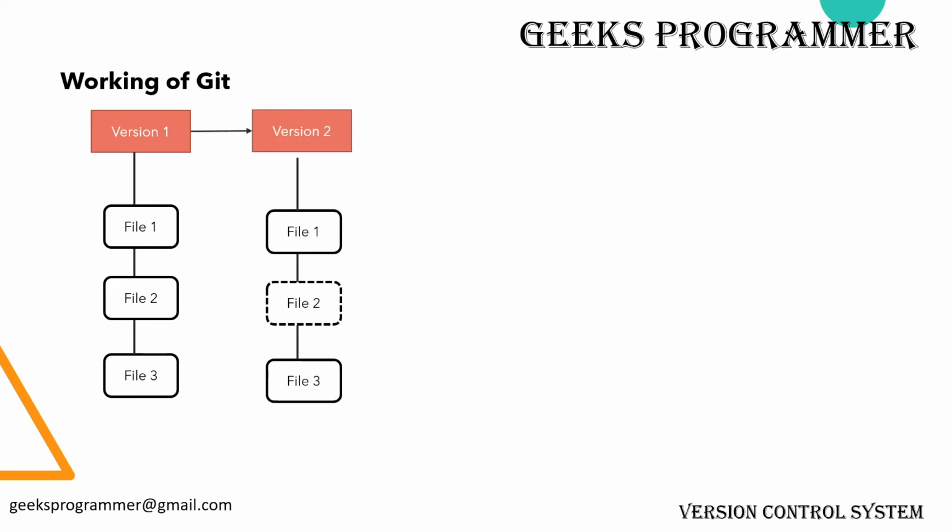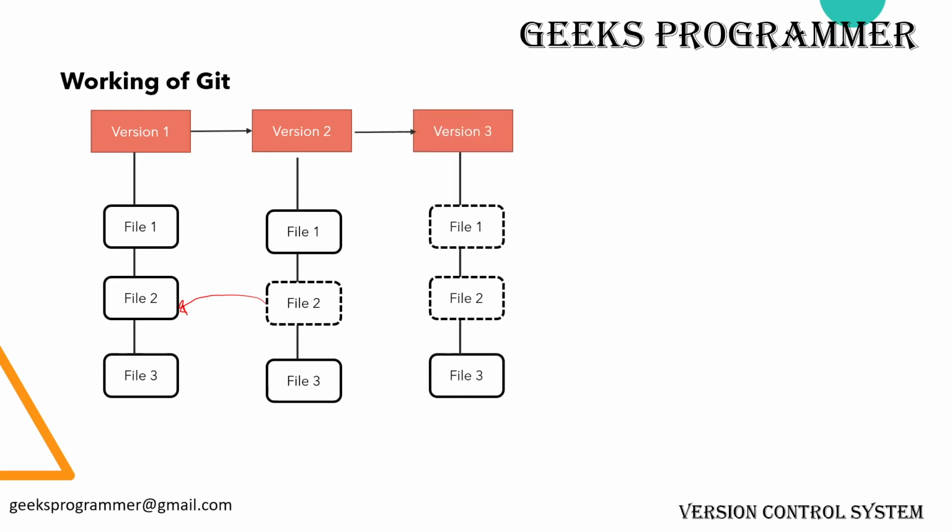So your next version, version 2, will have file 1 and file 3, and file 2 which is not modified, the same as the previous version. So version 2 will have a reference to file 2 in the previous version. It will not store this file completely. It will take the snapshot, it will take the changes, and for the unchanged file it will just have a reference.